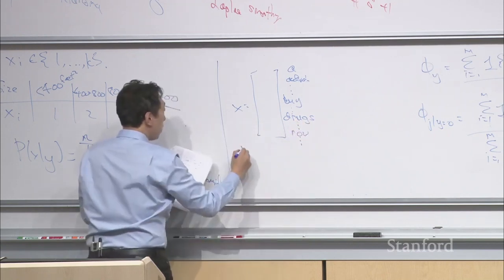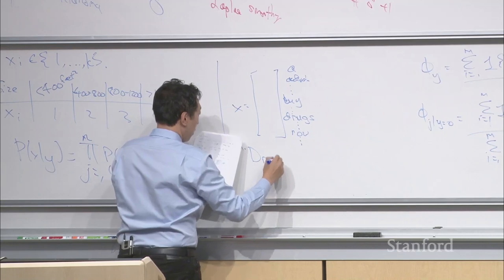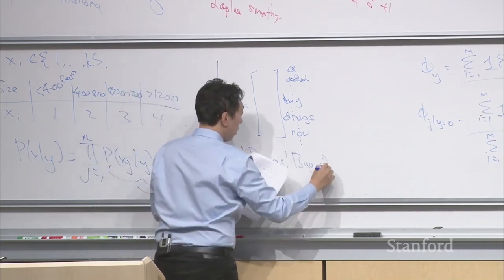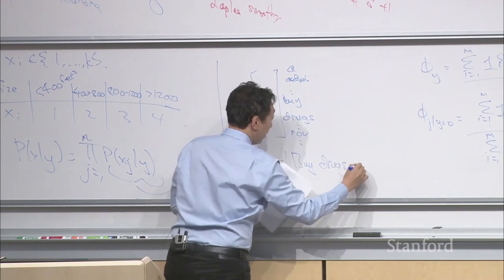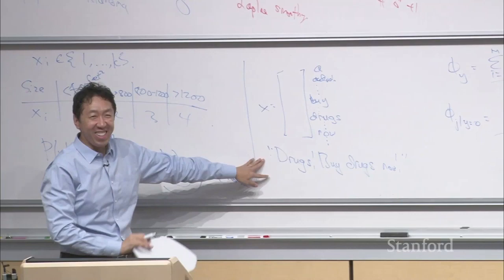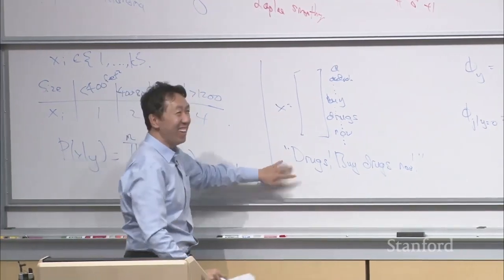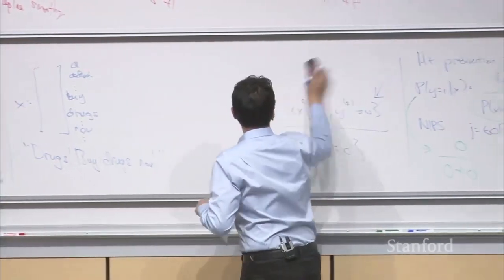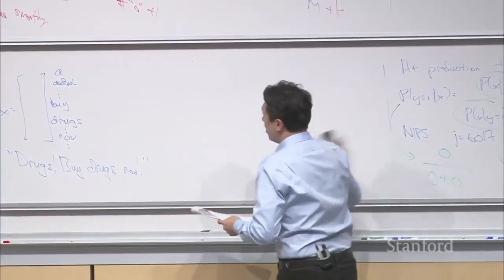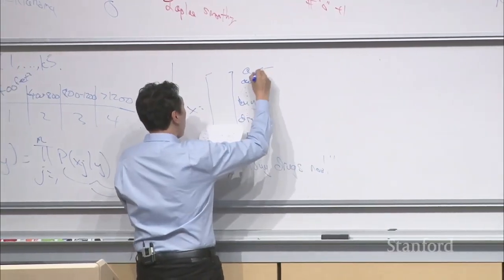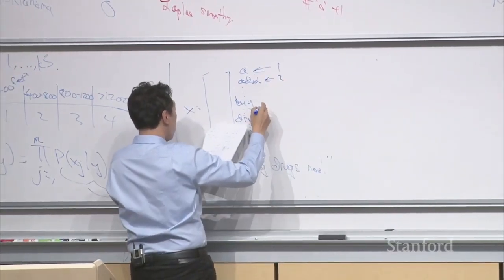So let's say you get a very spammy email that says drugs, buy drugs now. This is meant as an illustrative example. I'm not telling any of you to buy drugs. So if you have a dictionary of 10,000 words, let's say a is word 1, aardvark is word 2.